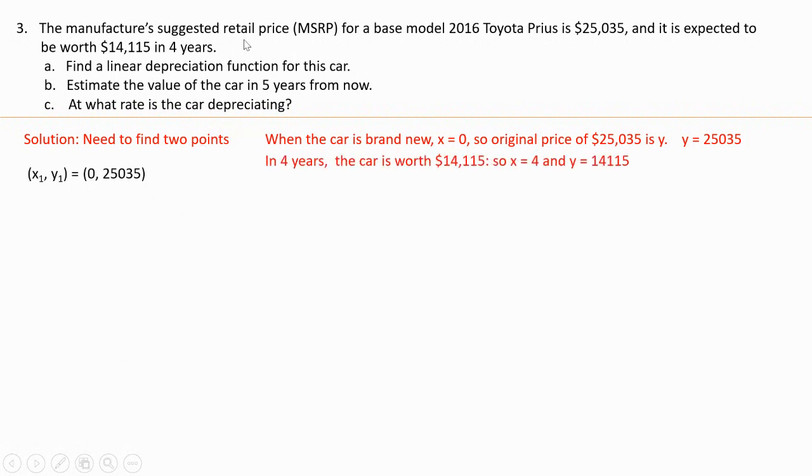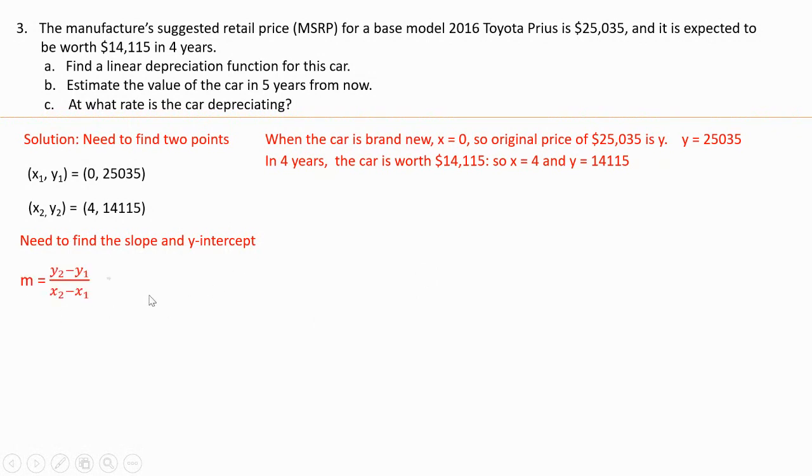Now my second point, we got it from the last part of the sentence. It says in 4 years the car went down to $14,115. That's my second point. Okay. Now we need to find the slope and the y-intercept.